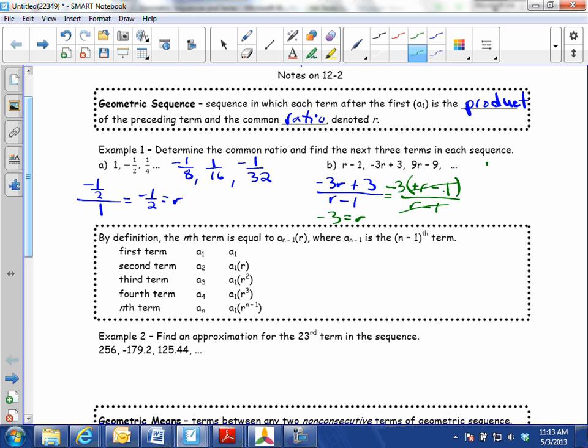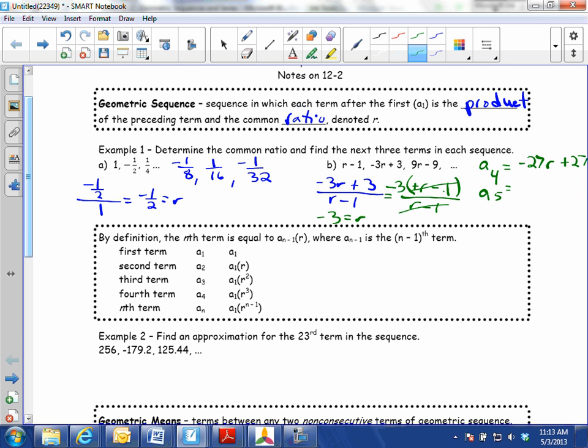So then how do we get our next term? How do I get the fourth term? Take that times negative 3, so it's negative 27r plus 27. Okay, how do we get the fifth term then?